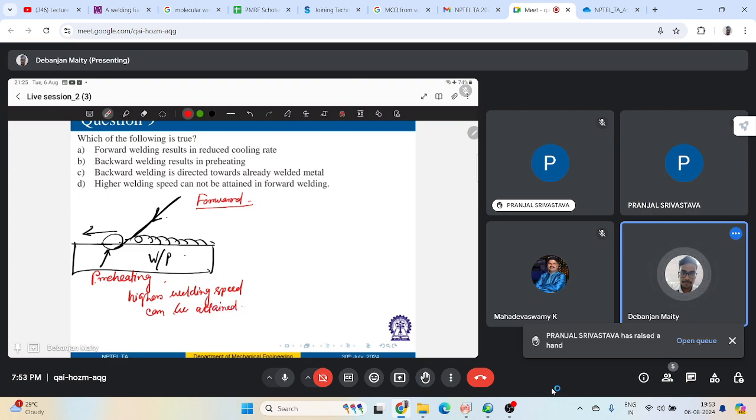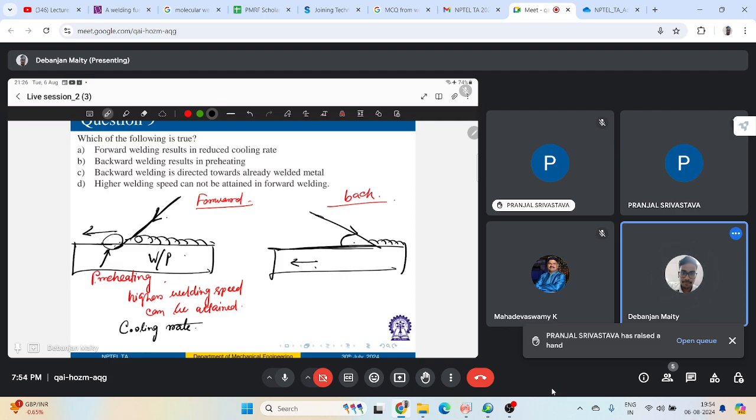In comparison to that, when you are doing backward welding, this is your weld direction, this is your weld bead metal. Over here, the metal to be deposited, this is my angle, right? Because you are doing preheating, here your rate of cooling gets reduced, right?